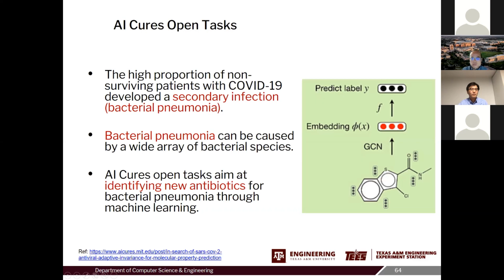What they have is a molecule as input. The molecule here is represented as a graph. Each of the nodes represents an atom, and the connectivity represents the bonds between atoms. There are also feature vectors for each of the atoms, computed, for example, based on the properties of the atom.